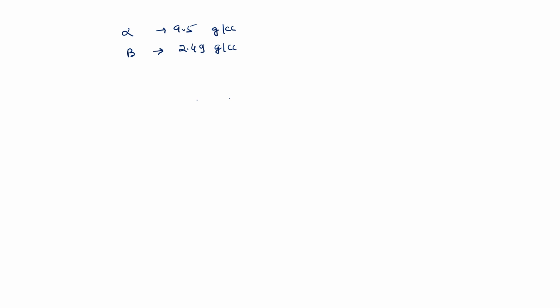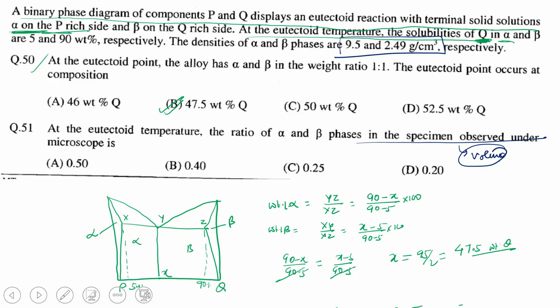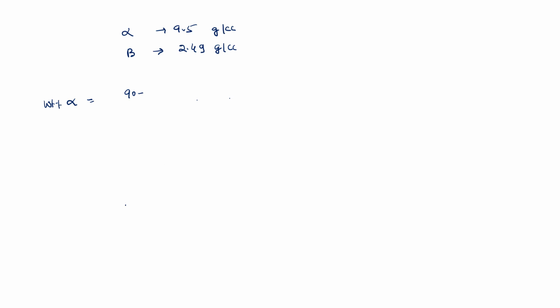Now the weight percent of alpha, what is this? It is (90 minus x) by 45, right? It will be (90 minus 47.5) divided by (90 minus 5), so it is 50%. Both are in the same ratio, 50%.